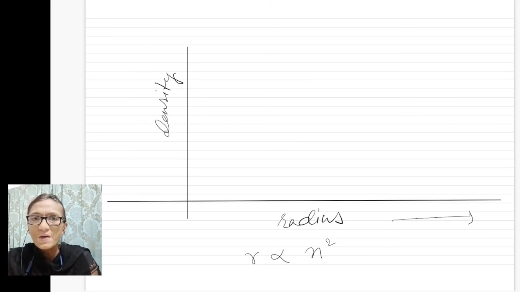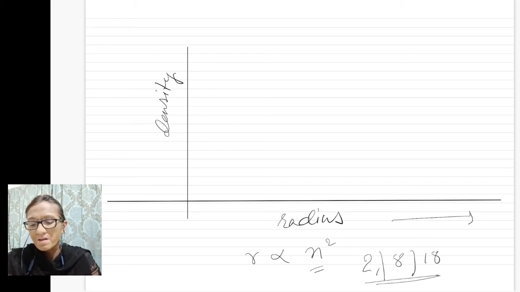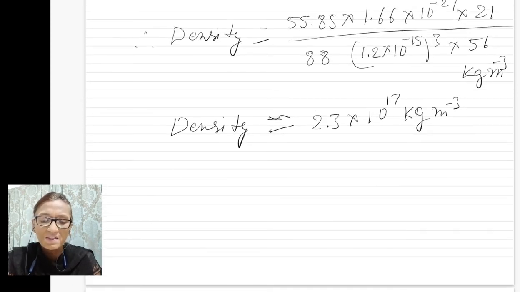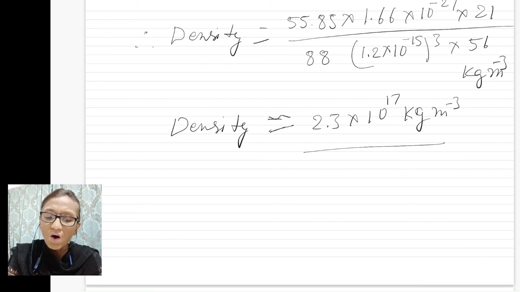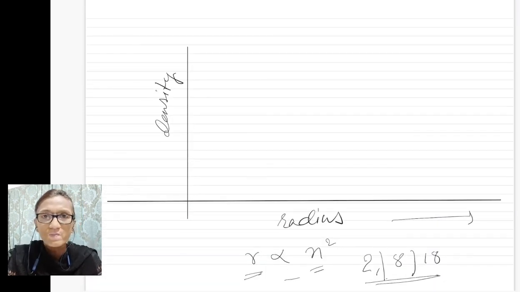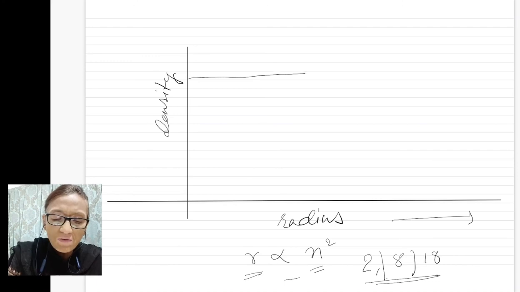So for a heavy element, when you have more electrons, this number will be large, because electrons are arranged as 2, 8, 18 in different shells. So for a heavy element, this number of shells will be large, and therefore the radius will be large. And so for a heavy element, the graph will go to this larger distance. But we find that for all the elements, density is the same.